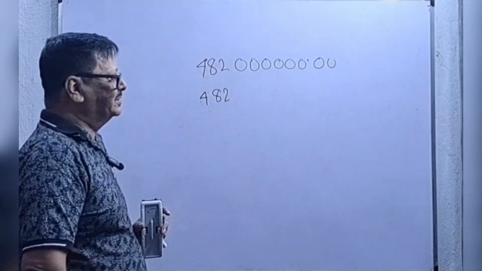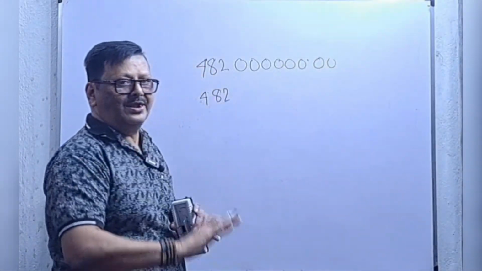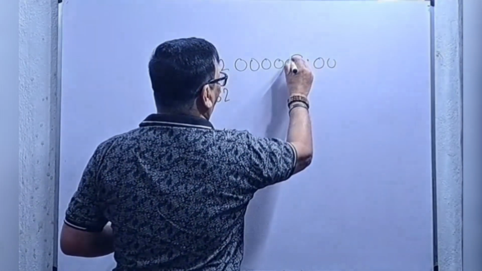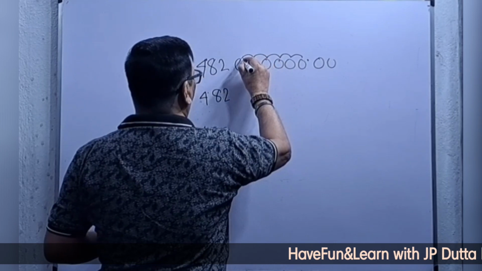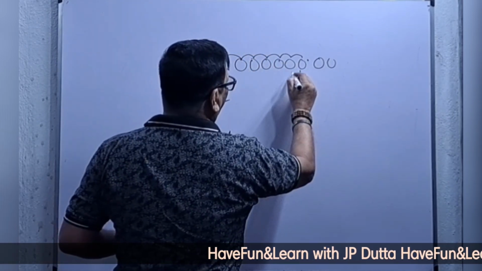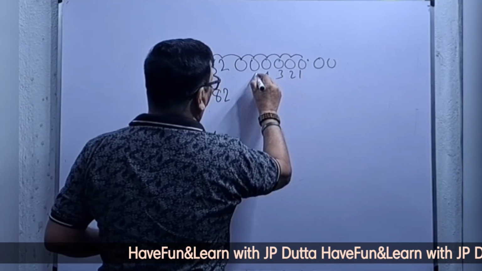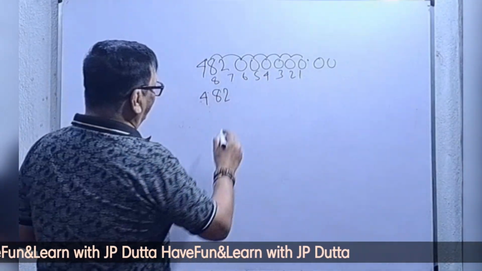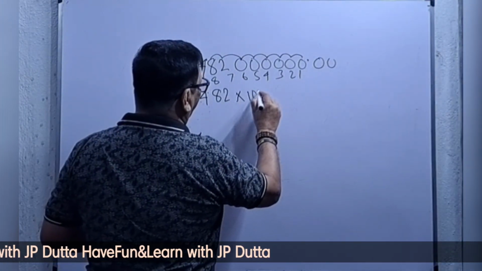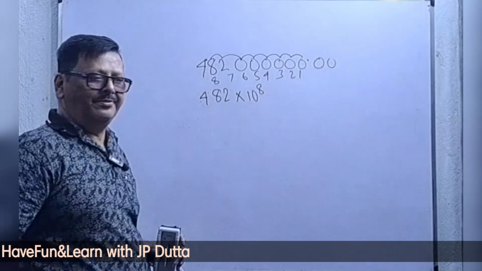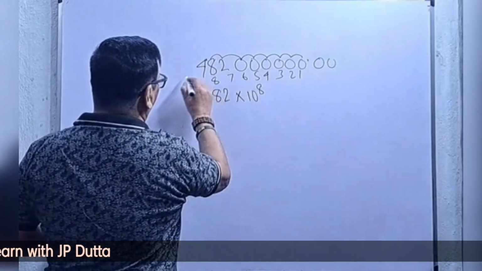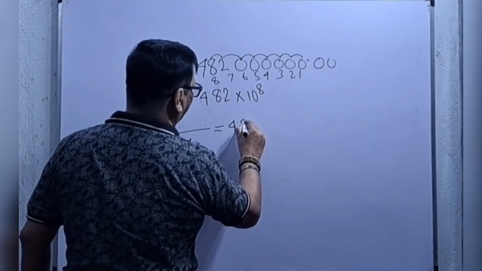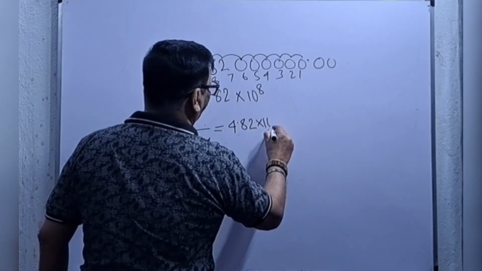After the decimal point, you can add any number of zeros, it doesn't make a difference. So now we have to shift the decimal point 1, 2, 3, 4, 5, 6, 7, 8 places. So we write into 10 to the power of 8. Got it? So this same number is equal to 4.82 into 10 to the power of 8.